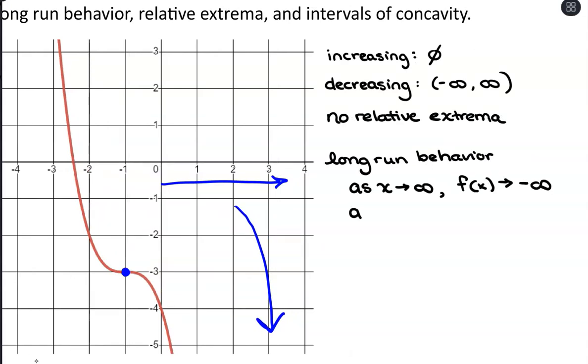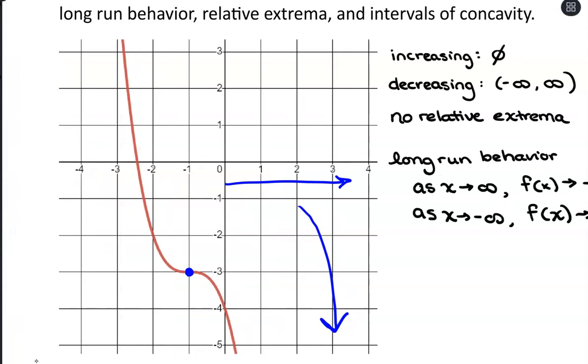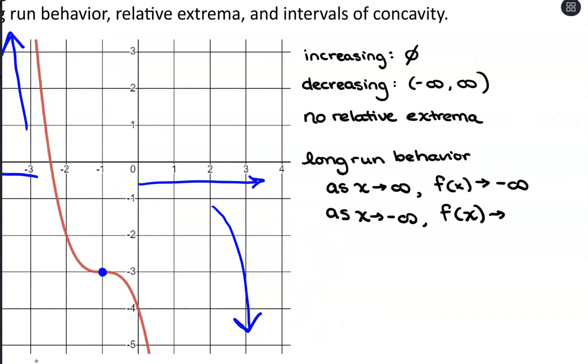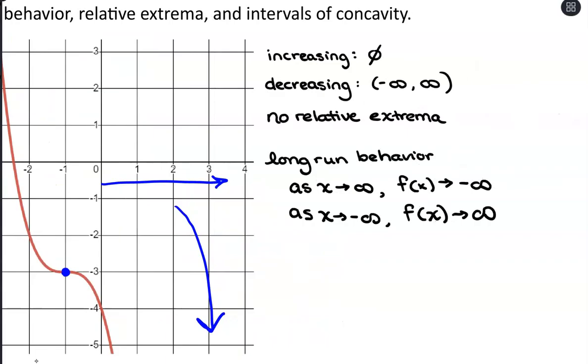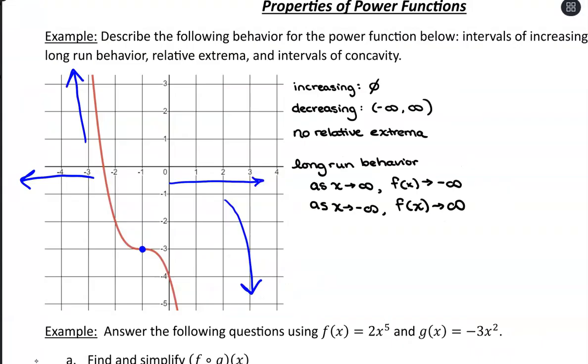And then on the left-hand side, I would say as x approaches negative infinity, f of x is approaching... And what I can see is on the left-hand side, as x goes to negative infinity, my graph is going up. So that means our function is approaching positive infinity. That would be my long run behavior for this graph, fitting in those sentences.